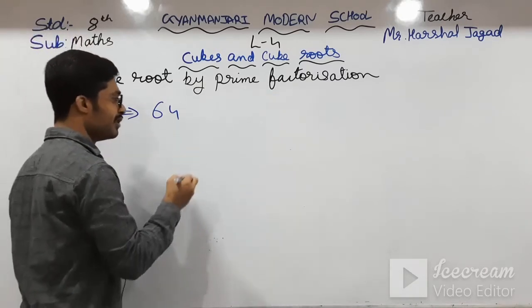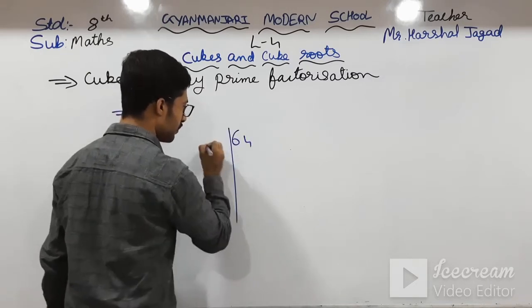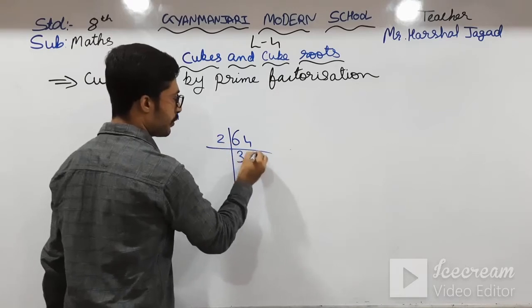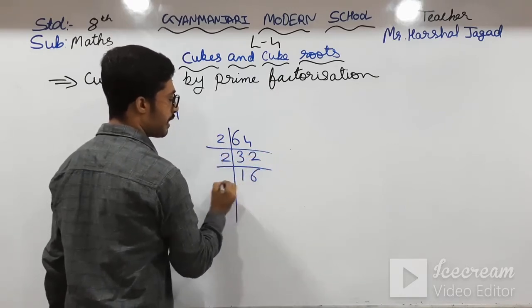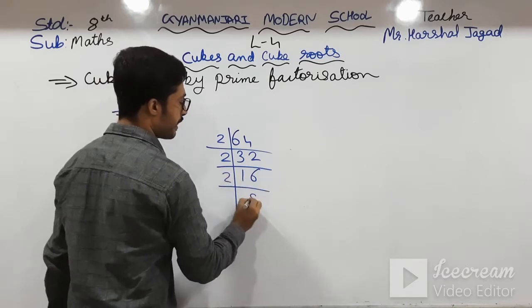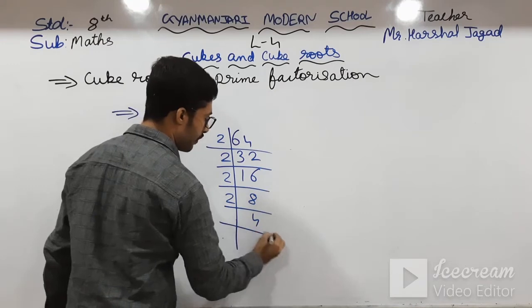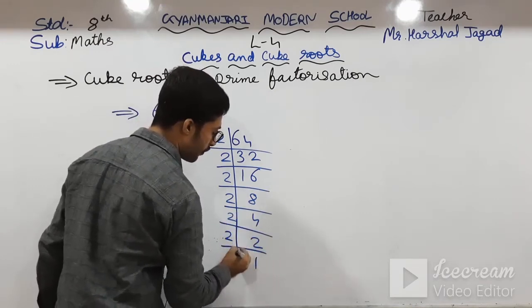So what we will do is, 64: 2 3s are 6, 2 2s are 4, 2 1s are 2; 2 6s are 12, 2 8s are 16, 2 2s are 4, 2 2s are 4, 2 1s are 2.